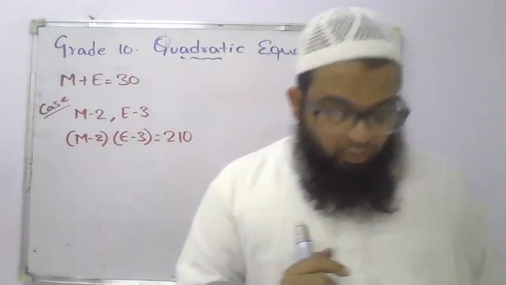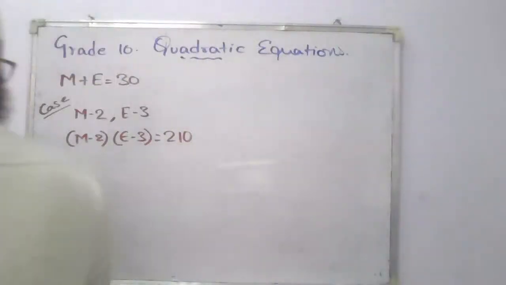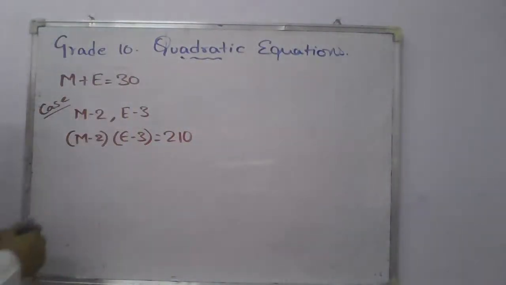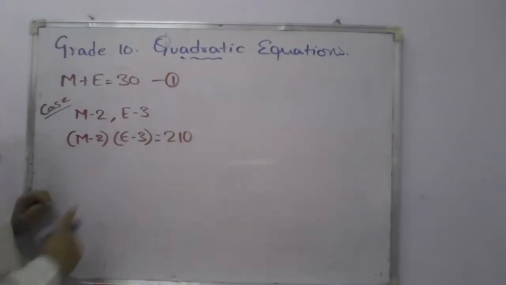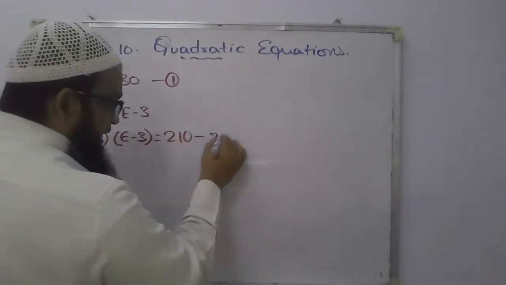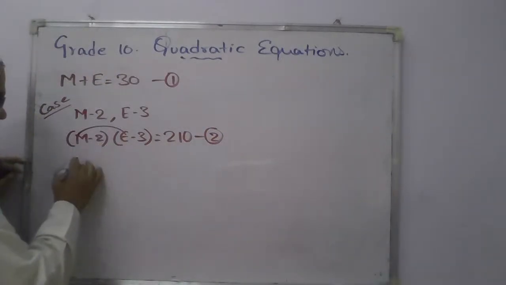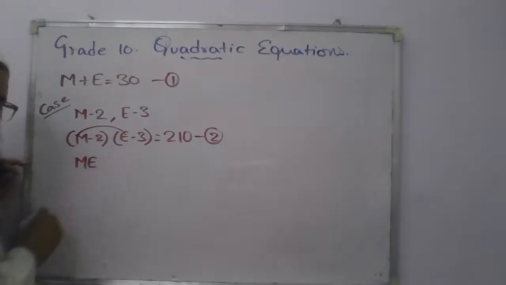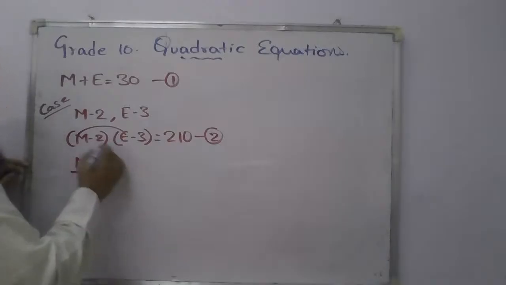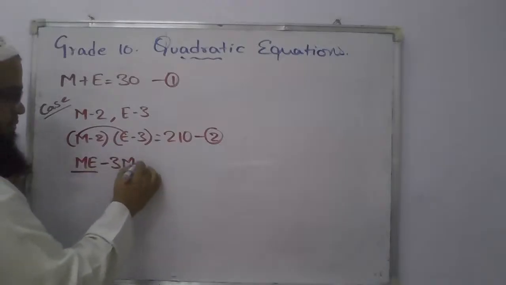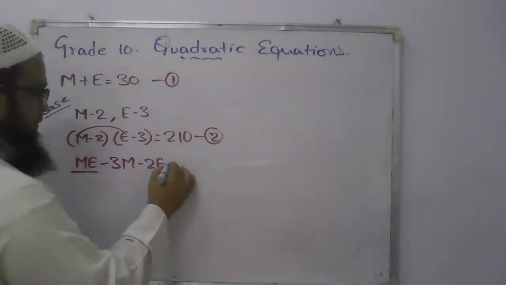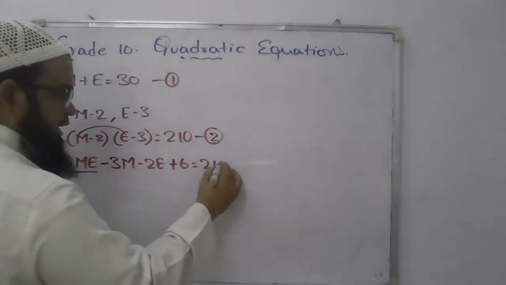What is given? It is given that m plus e is 30. It can be taken as the first equation, and you can take this as the second equation. But if I multiply m and e, I will get me, a new variable, minus 3m minus 2e plus 6 is equal to 210.